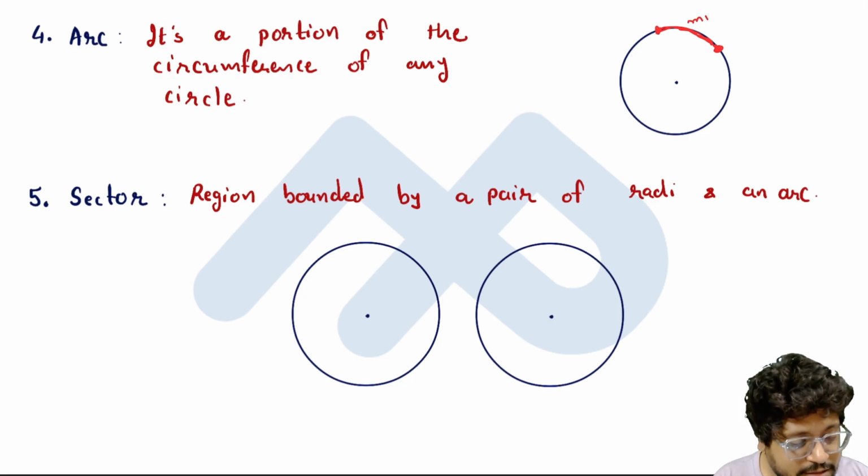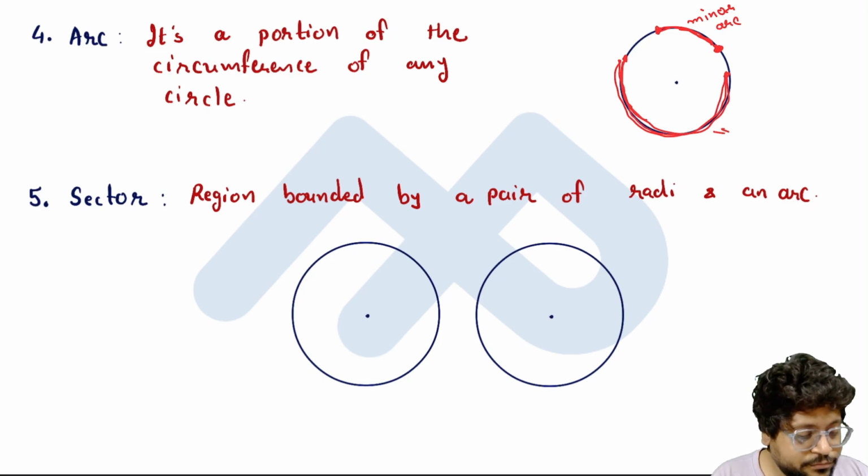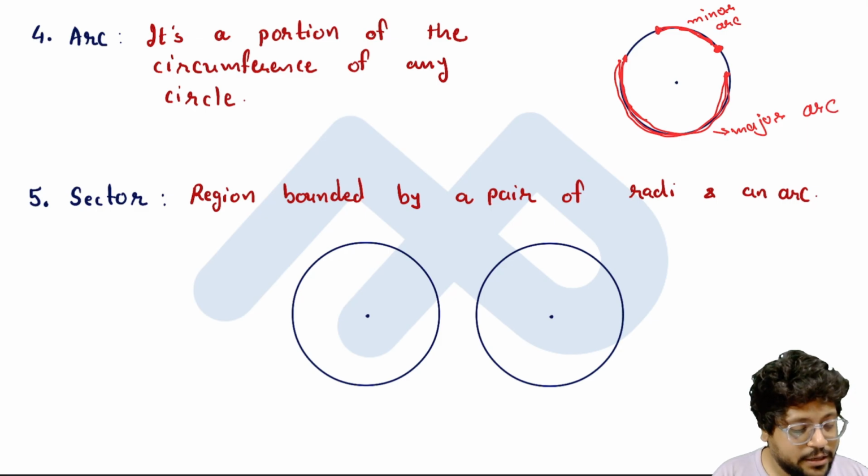And if I take a bigger portion, bigger than the half circle, then it is the major arc. So if the arc is smaller than the semicircle, it is minor, and if it is bigger than the half circle, it's a major arc. An arc is just a portion of your circumference.